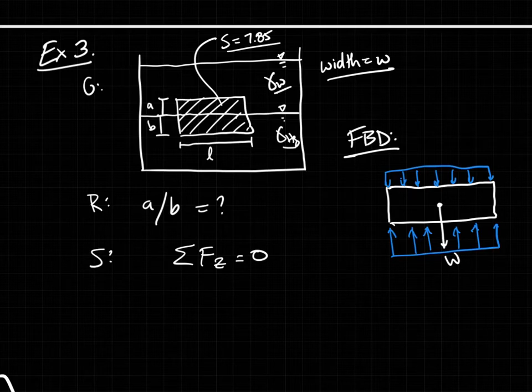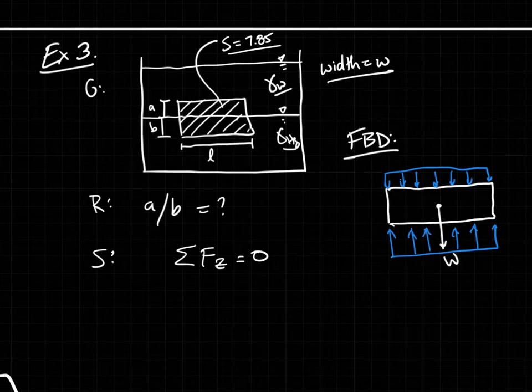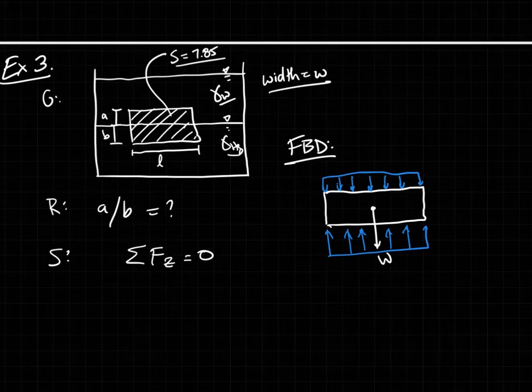So the way you could get the pressure on the bottom, if you wanted to: the pressure on the top would be gamma water times H, whatever H is, so that would be this H right here. The pressure on the bottom would be, well, we would need to figure out what the pressure of water is right at this point.